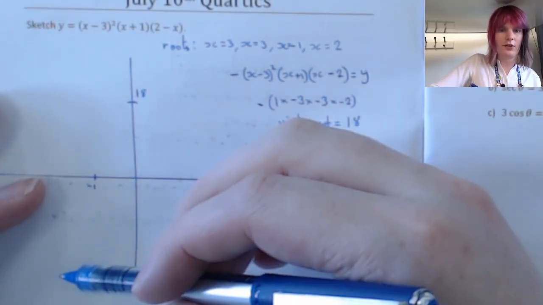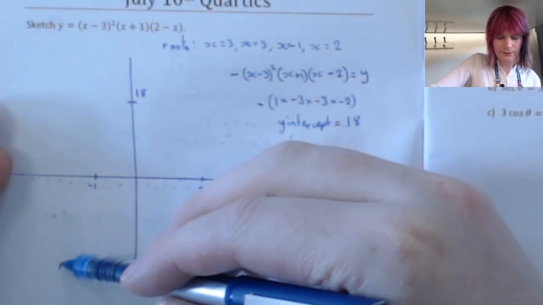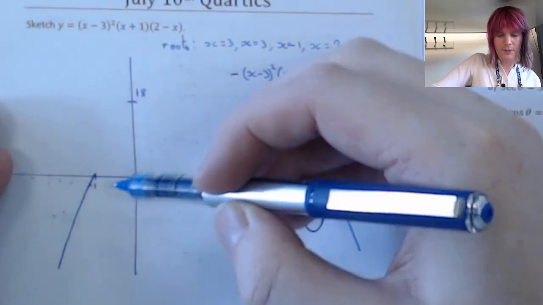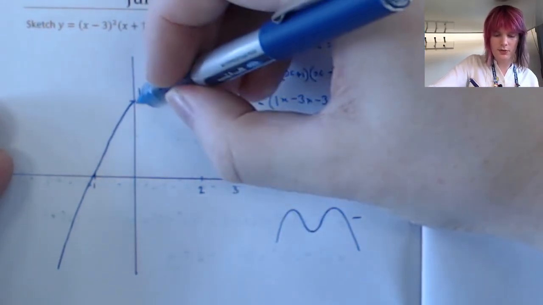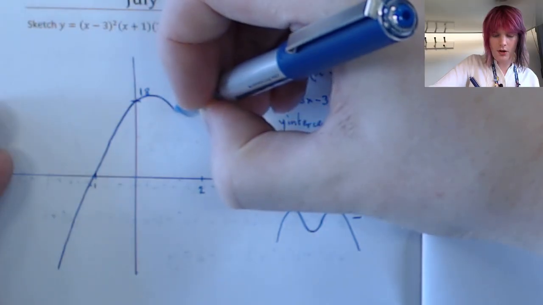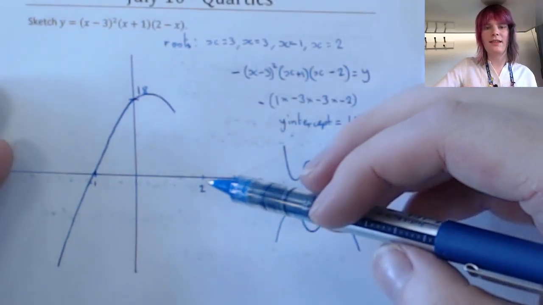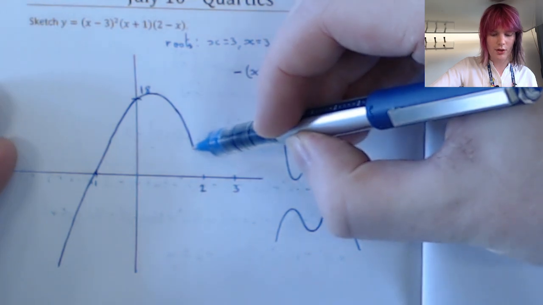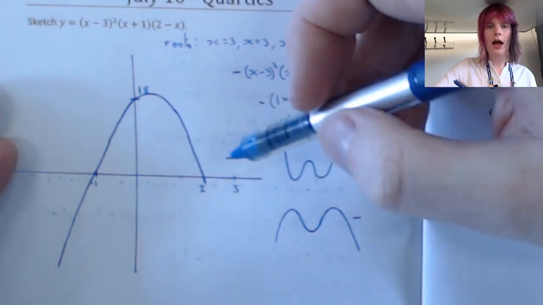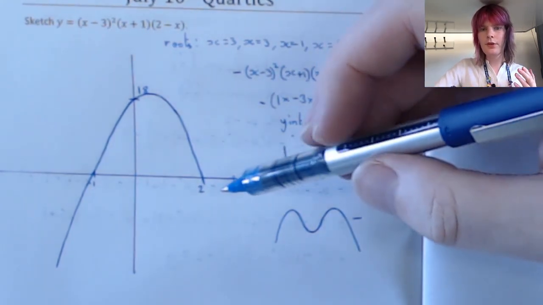So we're going to start really, really negative. We're going to come up. We're going to continue to come up through this 18. Now we're going to turn around because we want to go back down through that 2 there. We know we've got 4 roots, so it has to cross here. So that's our 2.